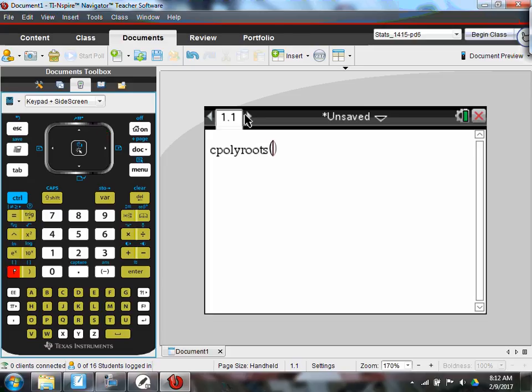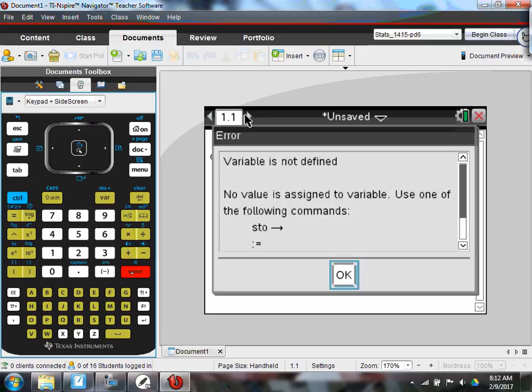A left parenthesis and then the expression, not an equal sign, but the expression. So we had x to the 4th minus 2x to the 3rd plus x squared minus 2x. And if we just press enter, the calculator says what Red Fox might say.